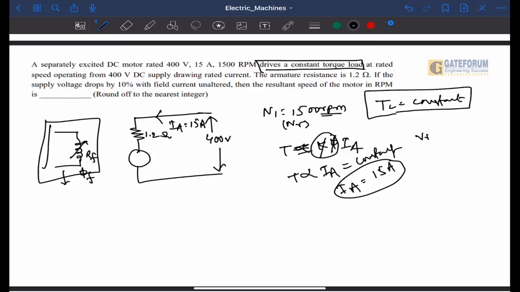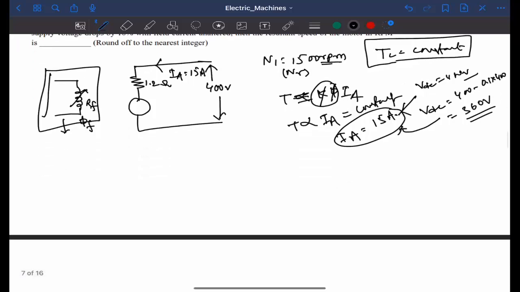If supply voltage is 400, armature current will be 15 ampere. If supply voltage is reduced by 10%, that means 400 minus 0.1 into 400, it will be 360 volt. At this stage also your armature current is 15 ampere, since torque is constant.